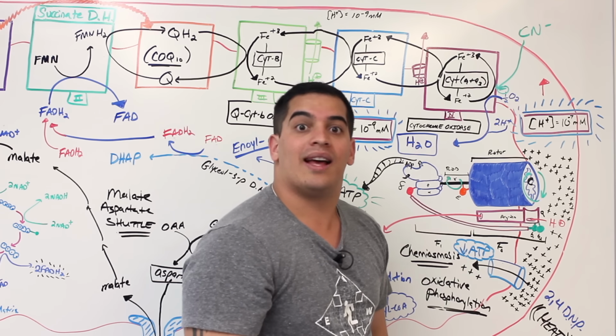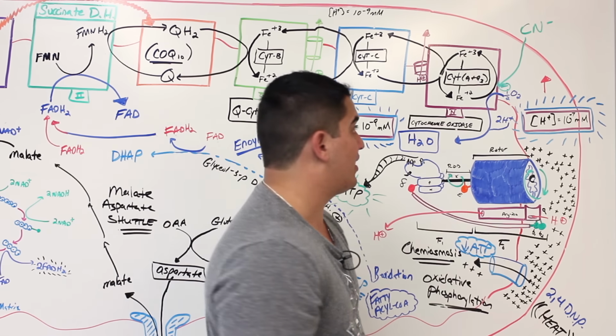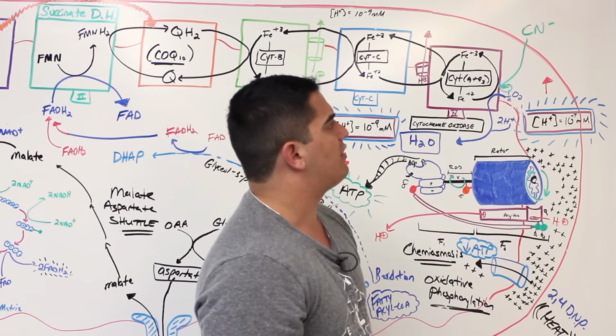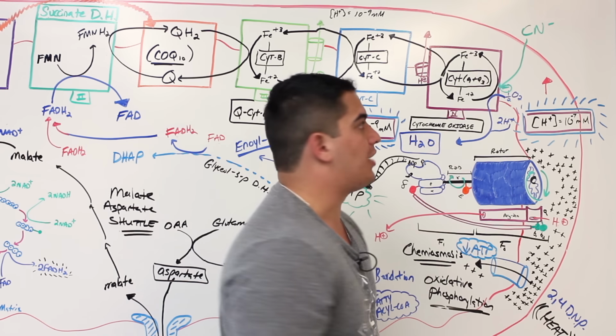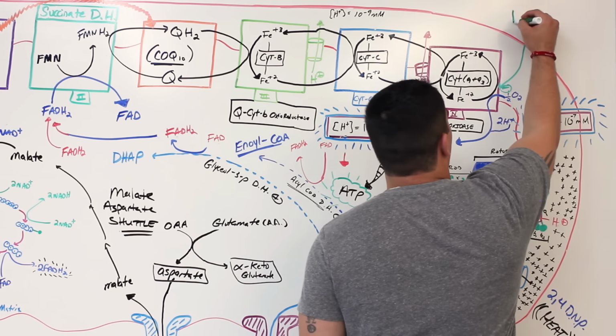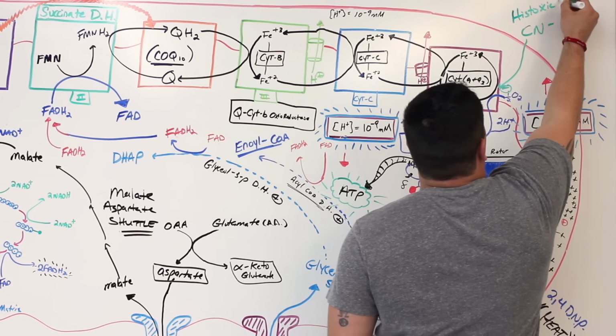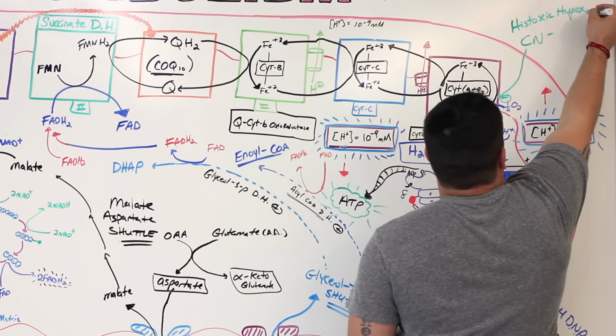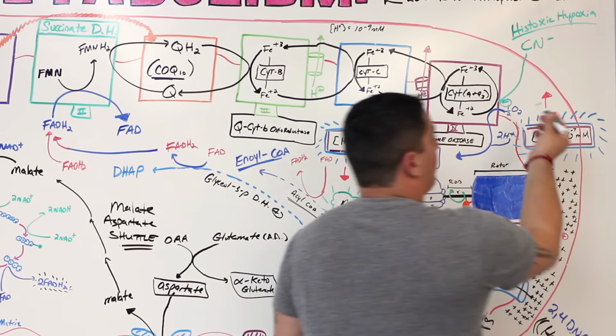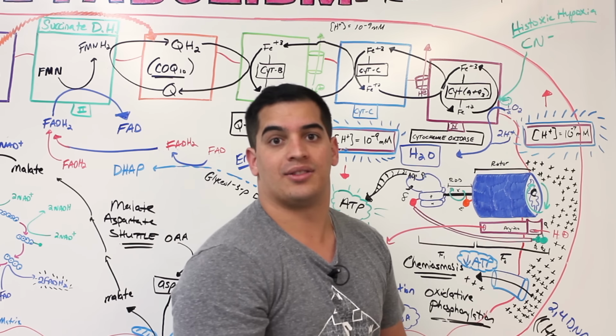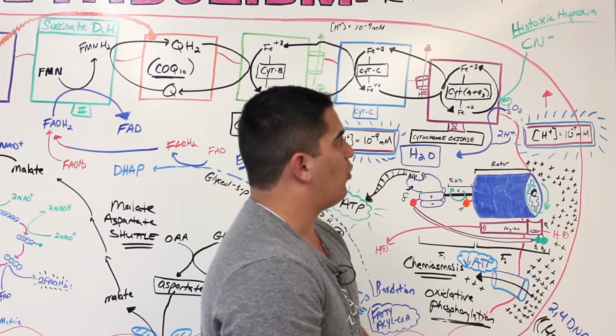No. And that is going to cause a lot of problems, right? What can this cause if you have cyanide poisoning? Specifically physiologically, this can cause what's called hypoxia. So in other words, you have plentiful amounts of oxygen, but you just can't utilize that oxygen. Okay, and it exhibits in the form of hypoxia.